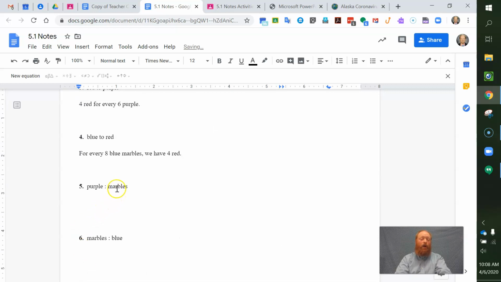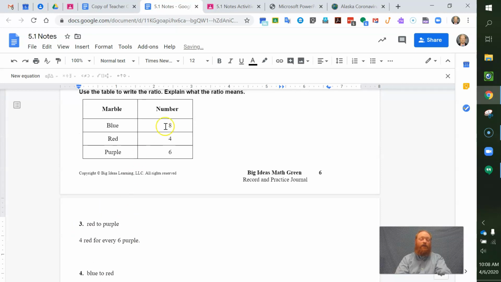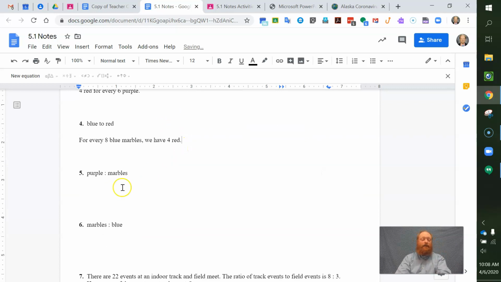Purple to total marbles. They want to know the total number of marbles. So purple is 8, but then 8 plus 4 is 12, plus 6 is 18. So we have 8 purple to 16 total marbles. Marbles to blue.